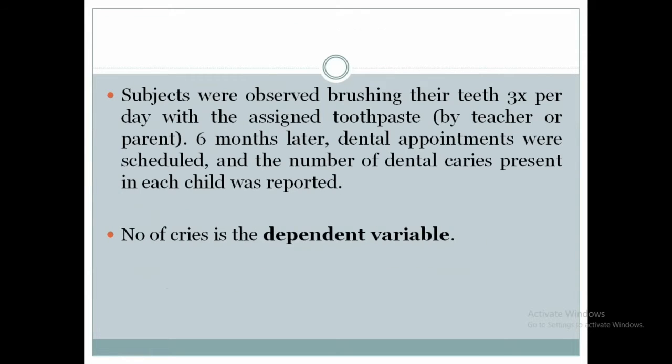In the methodology part, the subjects were observed brushing their teeth 3 times per day with the assigned toothpaste. The assigning can be done by the teacher or the parent for blinding of the study.